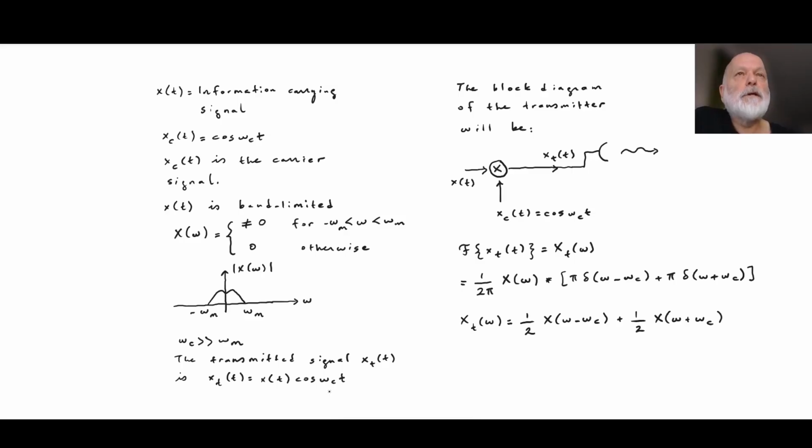For example, if we choose our carrier frequency in hertz as 1 gigahertz, the wavelength corresponding to 1 gigahertz is 30 centimeters.